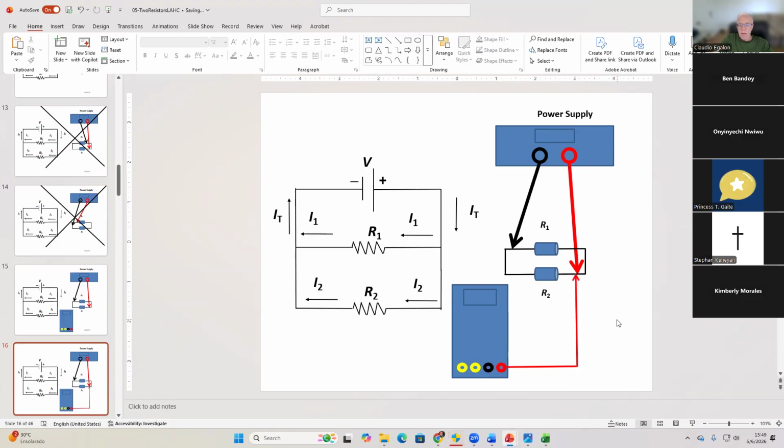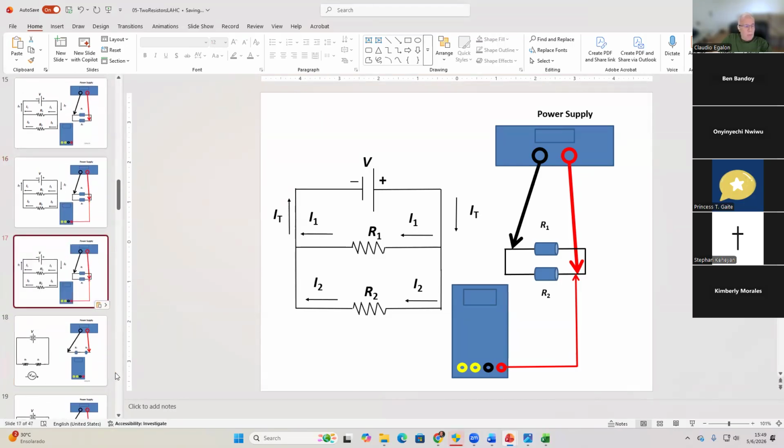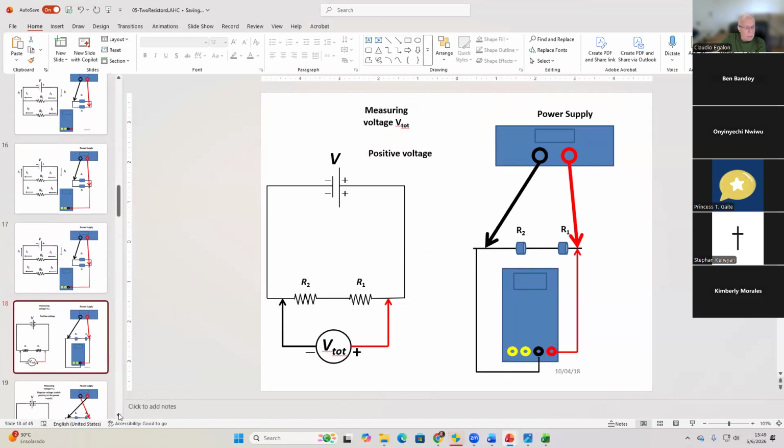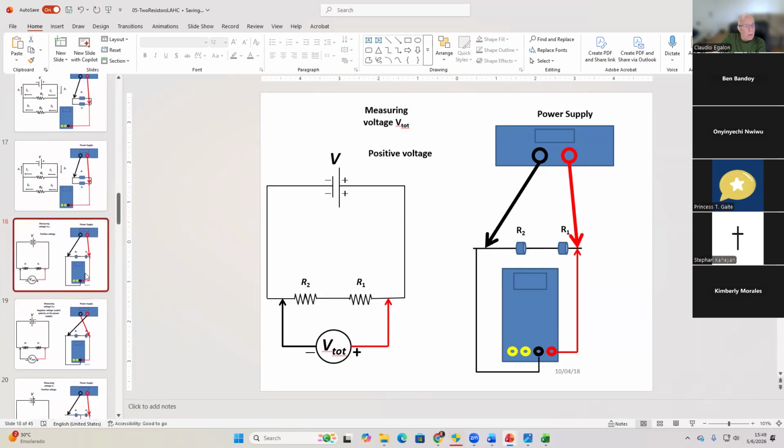Let's go for another 10 minutes. And I'm going to get the red probe of the multimeter. And then the black probe of the multimeter.